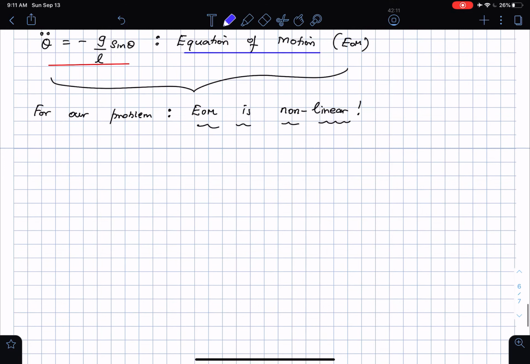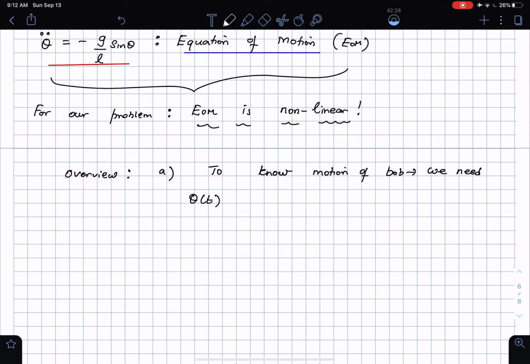Okay, so the basic steps overview is: to know the motion of the bob, we need theta of t at any point in time.